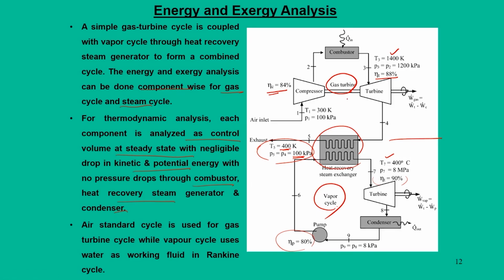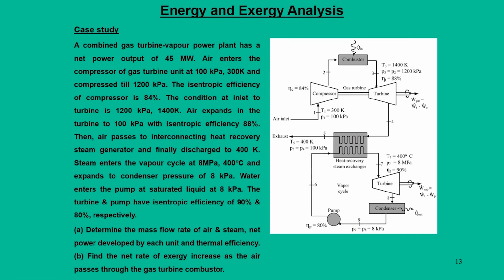For the gas turbine unit we will use the air standard cycle, and for the vapor cycle we will use the Rankine cycle. So, a case study has been prepared based on these thermodynamic cycles: a combined cycle has a net power output of 45 megawatt, and air enters the compressor at certain conditions.